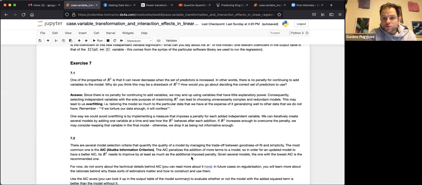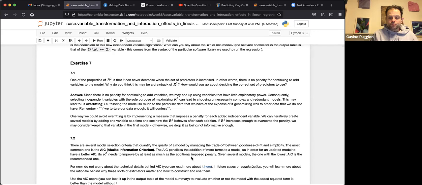The most famous one is called the Akaike Information Criterion, or AIC, that has a term that rewards the fit. So the better the model fits the data, good, you get rewarded for that. But then there is a penalty term for the number of parameters.